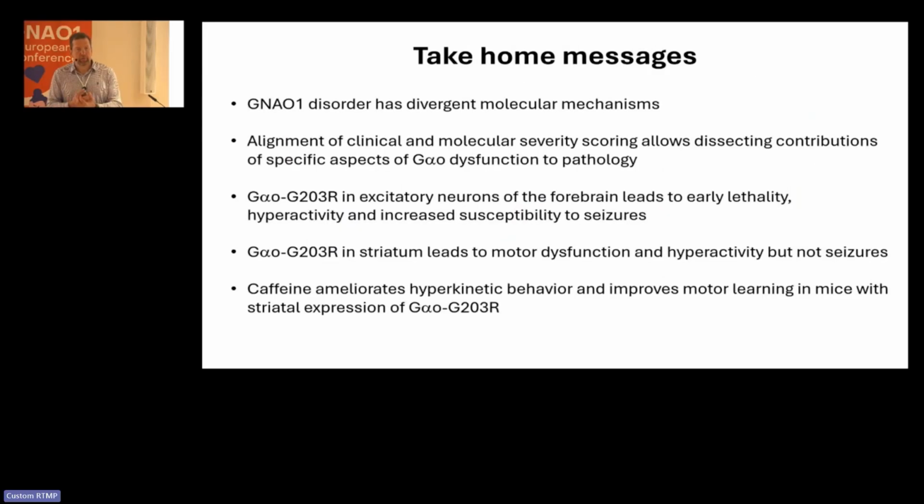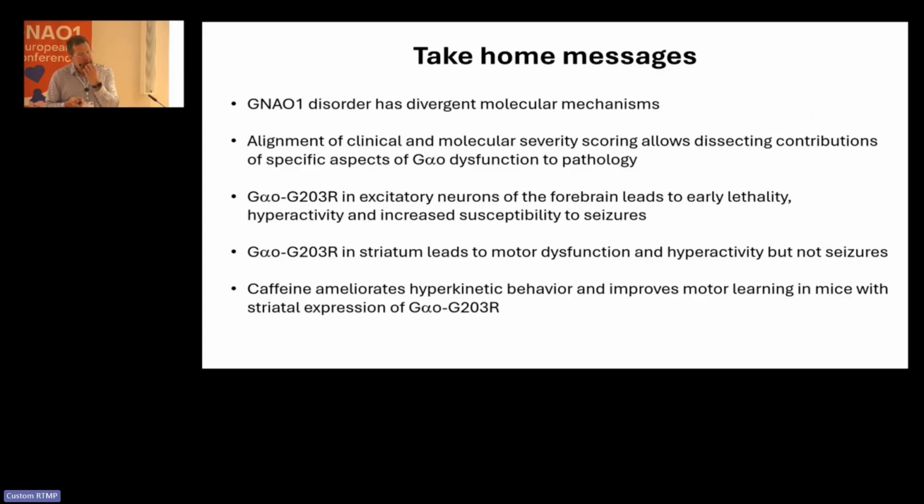So I've been asked to just summarize everything that I talked about in this one take-home slide, and I think what it shows us, especially considering this mouse model, is that this disorder has rather divergent molecular mechanisms, and it can recapitulate the contribution of different circuits to different disease manifestations.